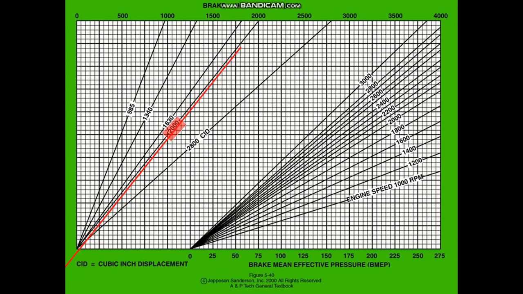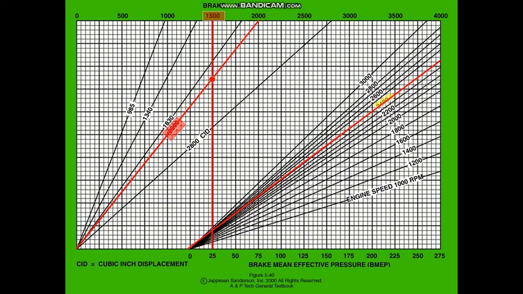After that, you have to find the brake horsepower. After the brake horsepower, you will go downwards until you intersect with the CID. After you have the intersection, you have to find the engine speed. This is the engine speed.